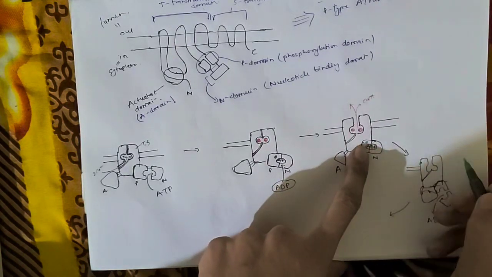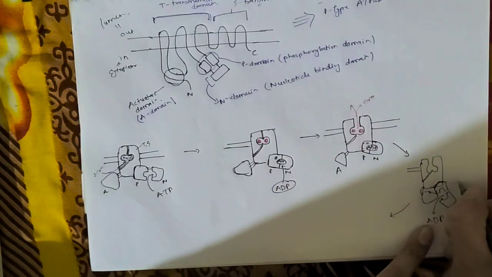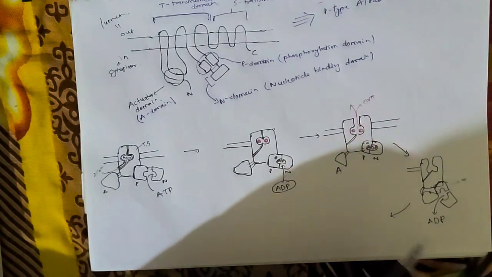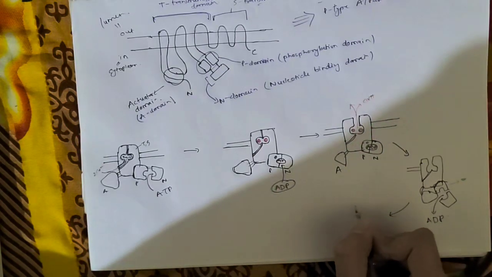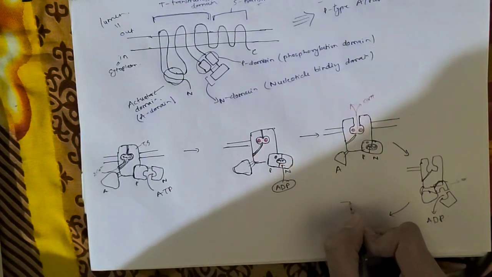The previously phosphorylated domain gets dephosphorylated, and after dephosphorylation, the A domain goes back to its original conformation.